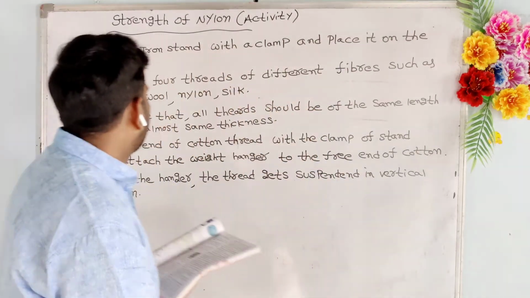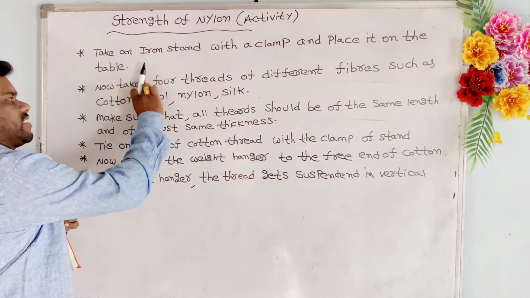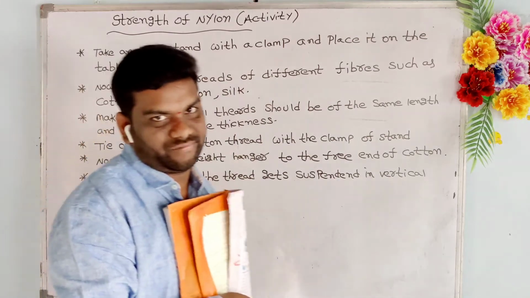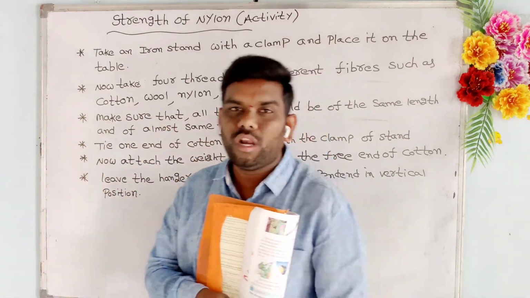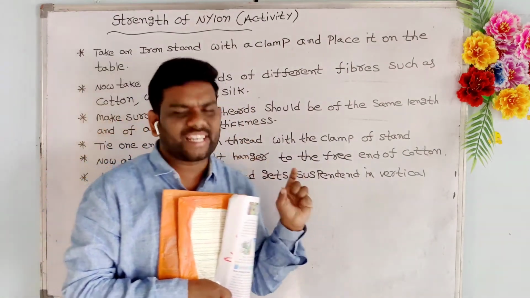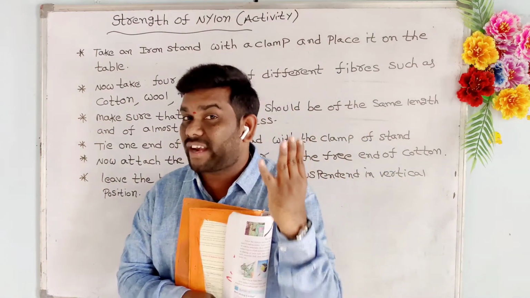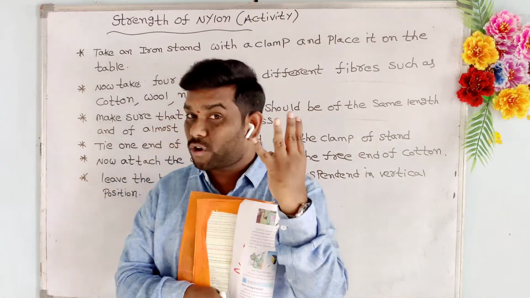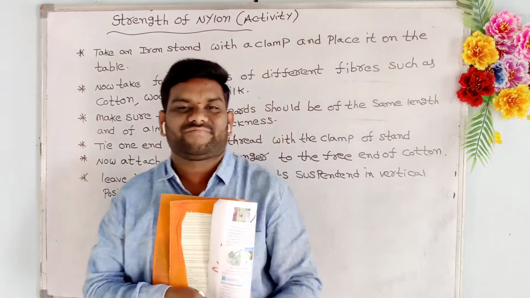Now take 4 threads of different fibers. Already I told, such as cotton, wool, silk, nylon. Please listen carefully. Take one iron stand, take 4 threads of different fibers: cotton, wool, silk, nylon.